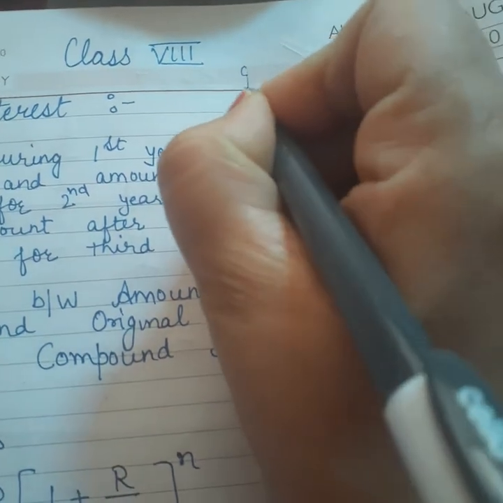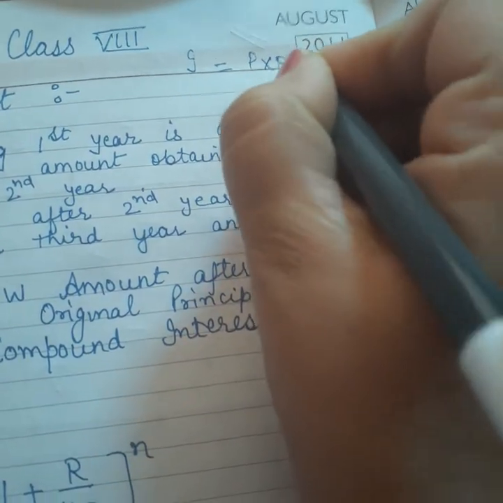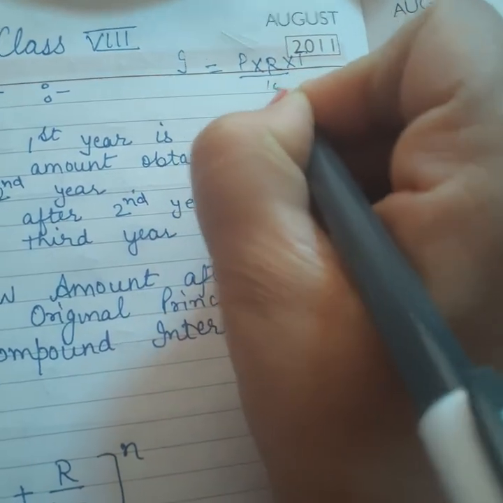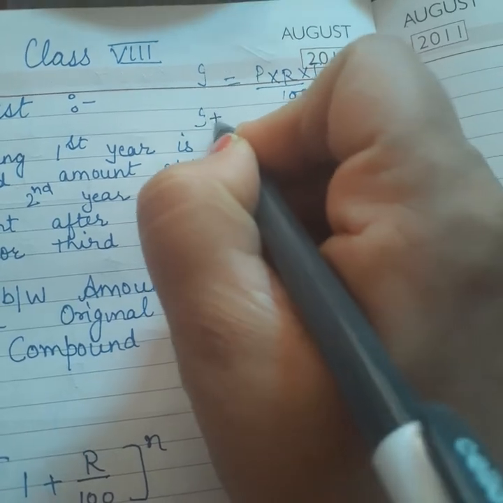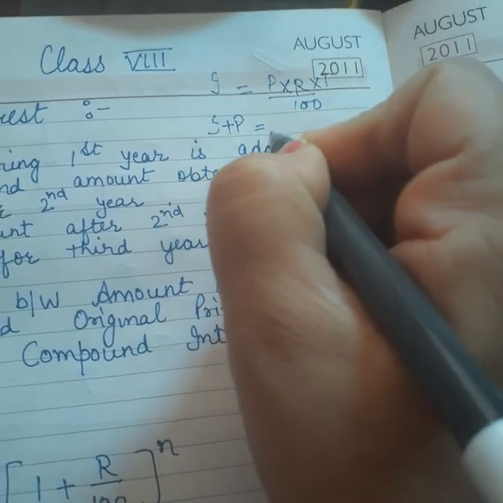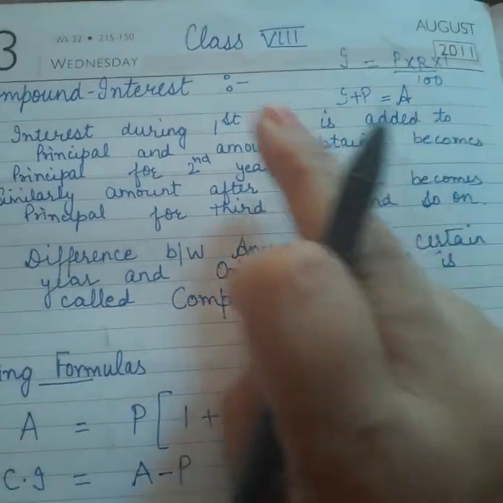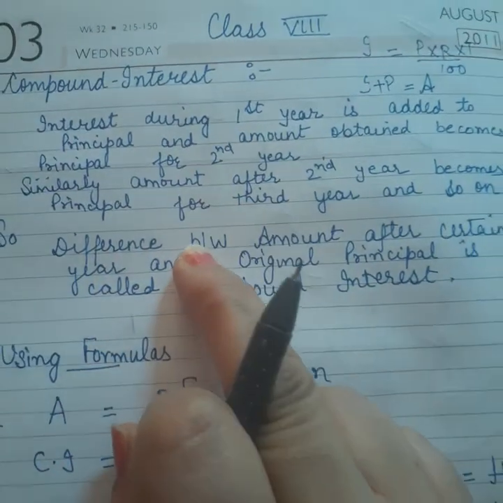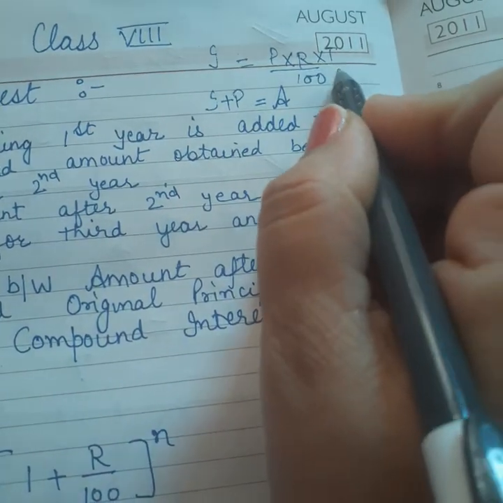In simple interest, we find interest by the formula P into R into T by 100, and we add the interest to the principal and we get the amount. Now suppose we have to find the compound interest. We find simple interest firstly for 1 year.